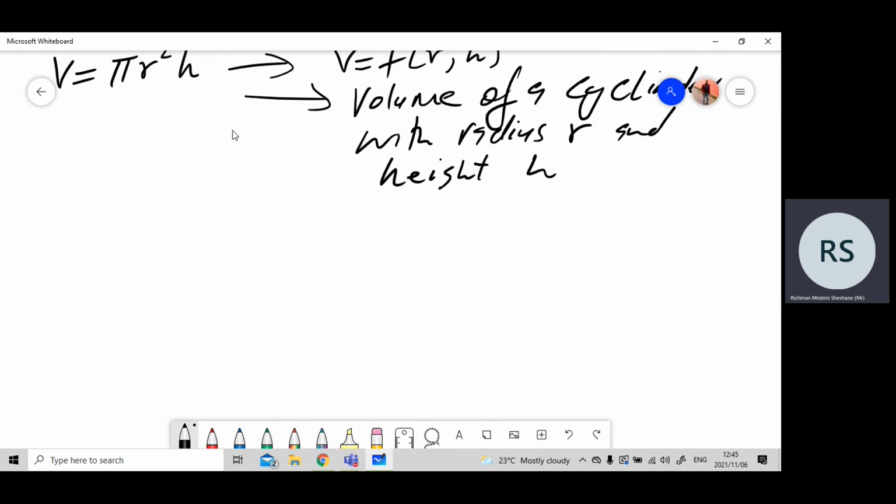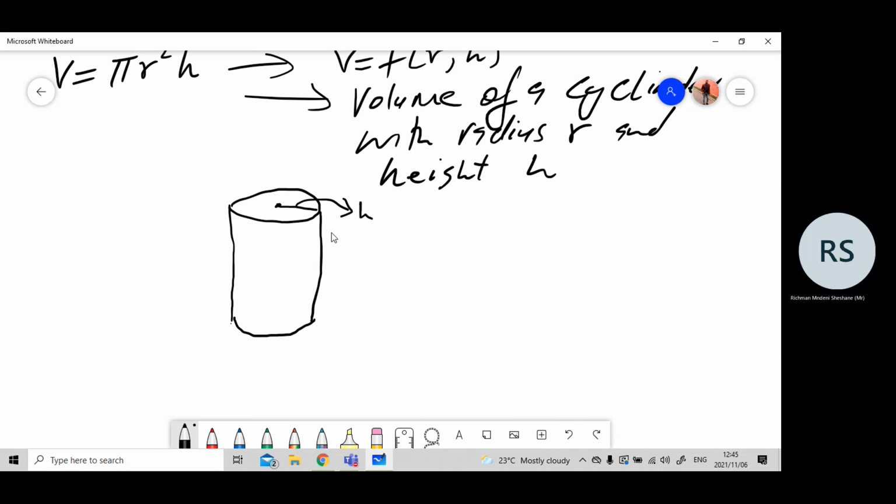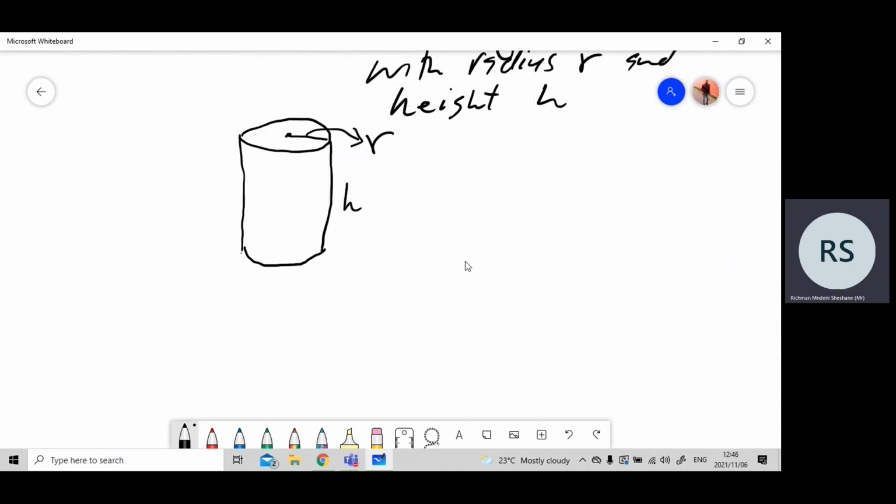Okay, let me draw a cylinder here. I'm motivating a partial derivative here. So let's consider this cylinder, with a radius of r, and the height h. If we look at this cylinder, what's happening to the volume when we increase the radius of the cylinder?